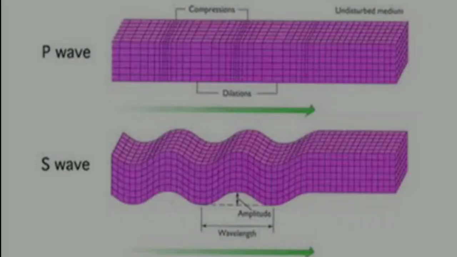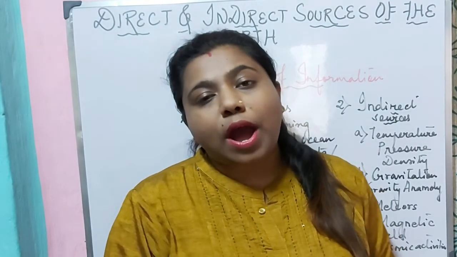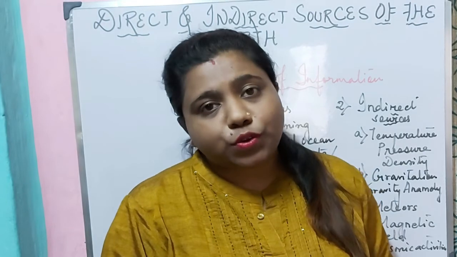Whereas the S waves disappear after traveling a certain distance, as they can only travel through solid materials. So it gives us the information that our Earth is made up of a solid crust, a liquid mantle and a gaseous core.